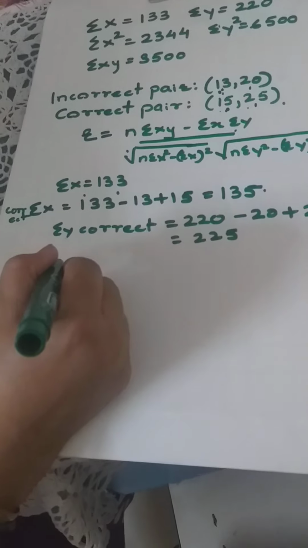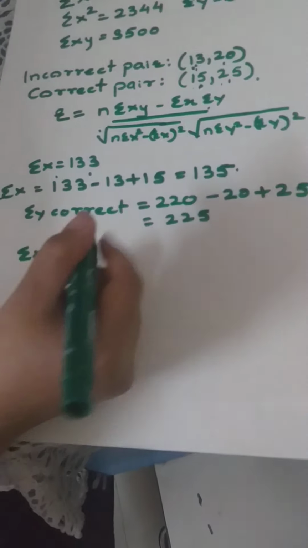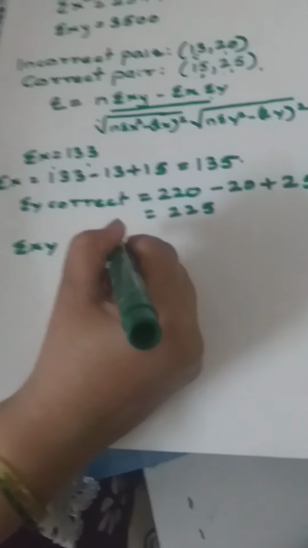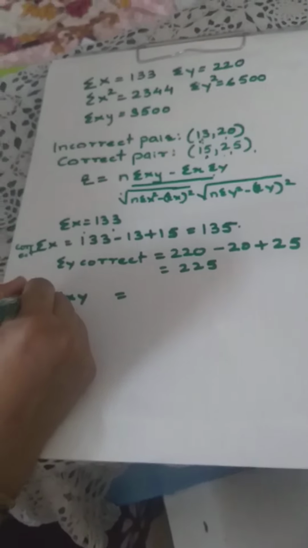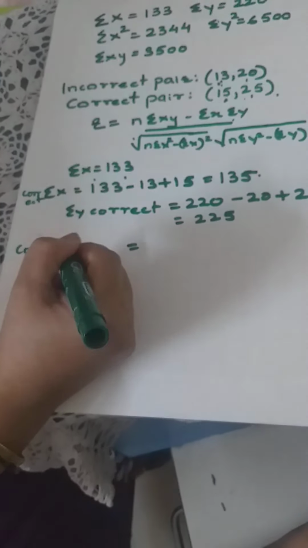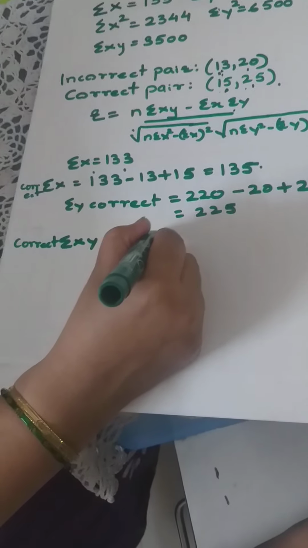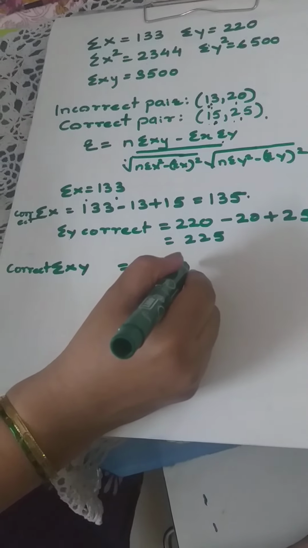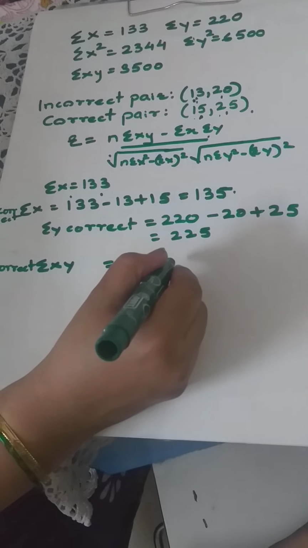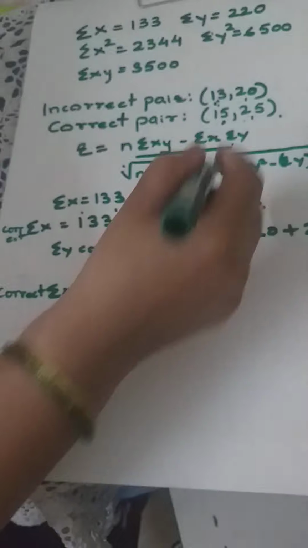Similarly, if I want to find summation xy, the corrected summation xy is 3500. I have to subtract the incorrect pair and then add the correct pair. So the incorrect pair xy is 13, 20.